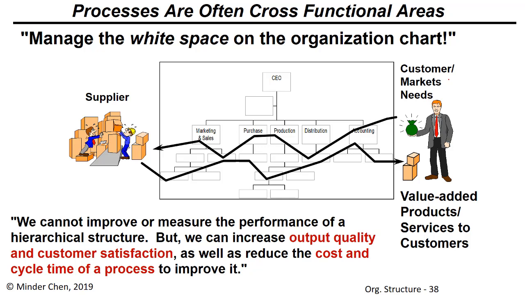Why is process important? Although we may have a formal organizational structure chart like what we're seeing here, from the customer's viewpoint, they have a need, they have the money, they want to buy something from us. Once we receive their order, the order will go through different departments of the organization.